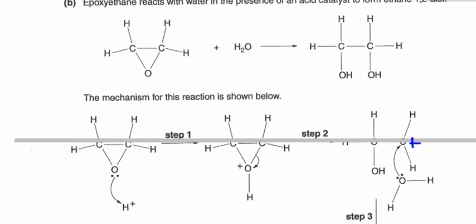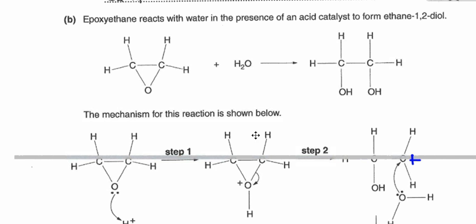Before I go to look at that, it's going to ask you over the page also, instead of using water in this reaction, to produce a product if you used CH3OH instead.